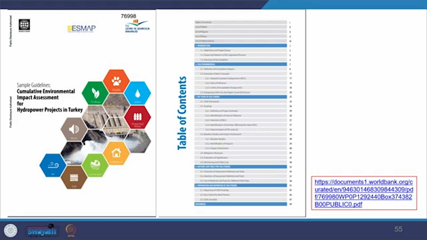Then you can see again how they define cumulative impacts here, and what key tasks you have to undertake while you do the cumulative assessments, like scoping, baseline studies and mitigation measures, evaluation of significance, monitoring and follow-up. So how you will undertake all of these when you're dealing with hydropower projects. So you can refer to this also.